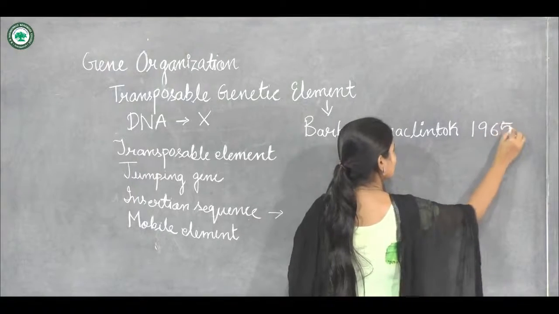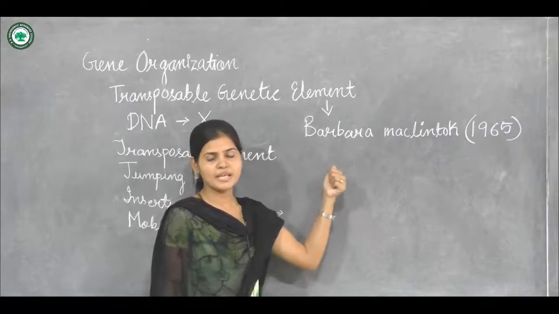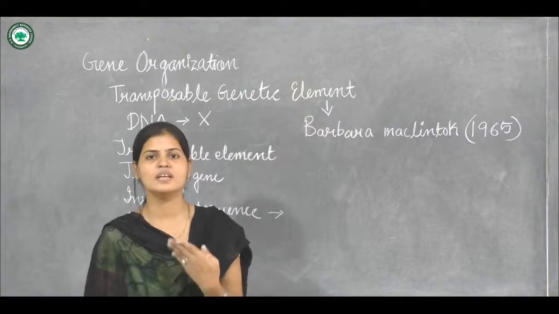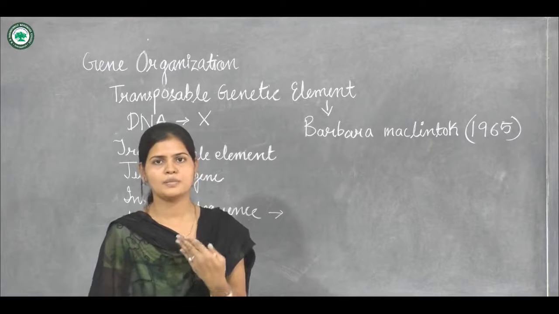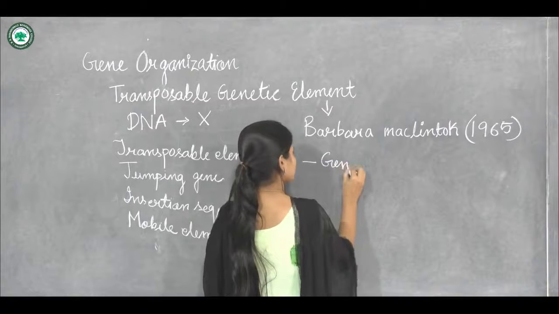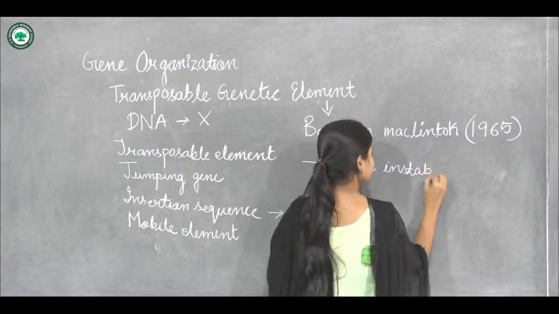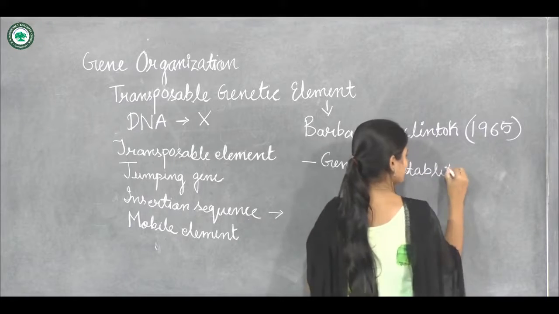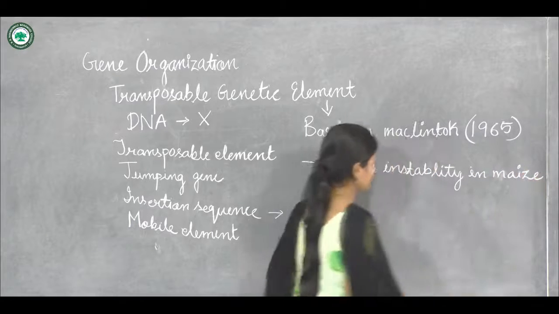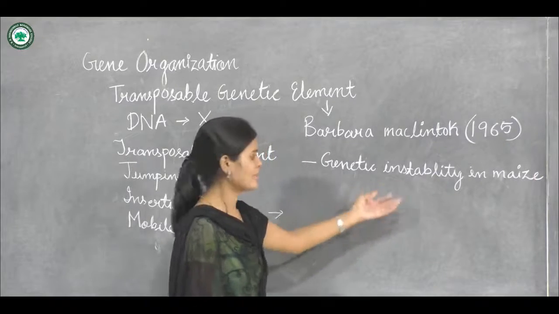She found the transposable element in maize, which makes the DNA unstable, that is, genetic instability. It causes genetic instability in the maize, and why does this instability occur?